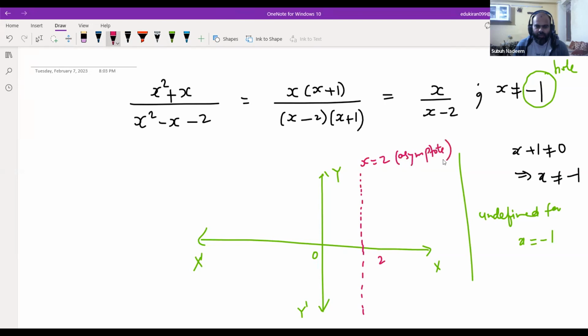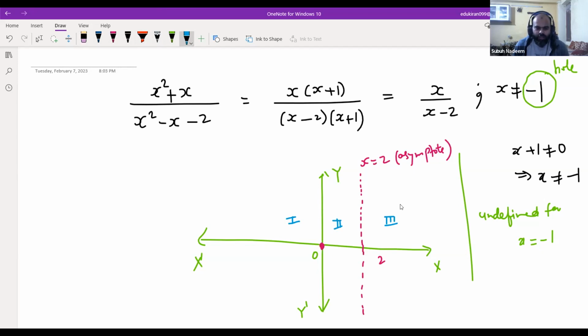The numerator is becoming 0 at the origin. So when you plot the graph, there are 3 regions basically. This is the third region, this is the second region, this is the first region. One is an asymptote, another one is a 0.